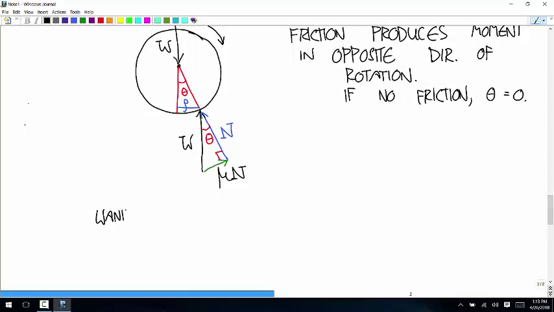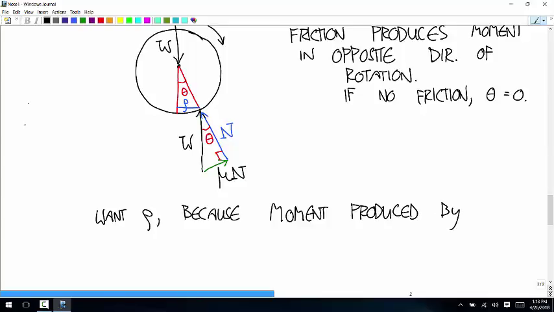So we want to find that rho because the moment produced by the friction is W times rho.